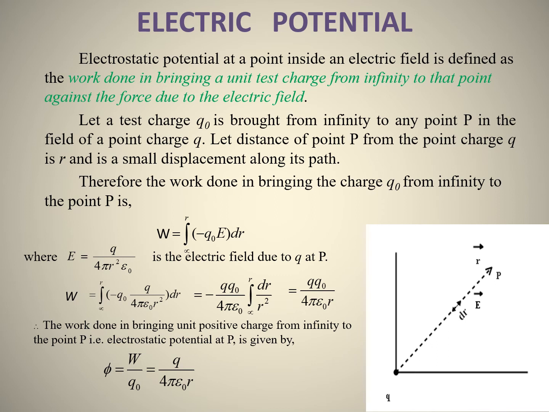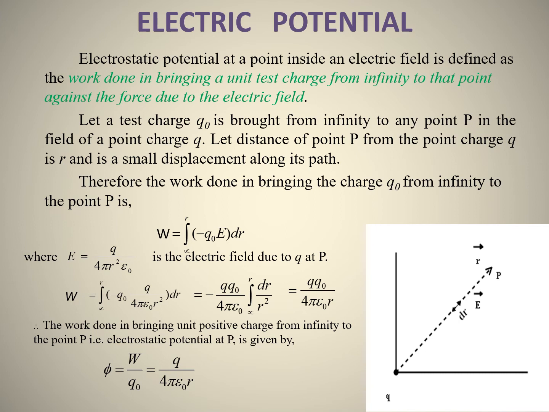We have a point charge Q, and P is a point at a distance of small r from the charge Q, and the vector r vector represents the distance in vector form. E vector is the electric field at P due to Q.